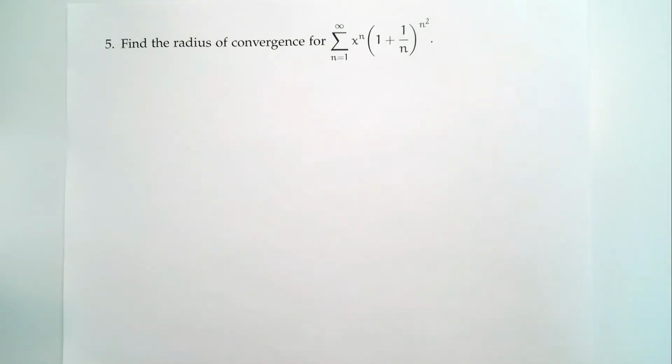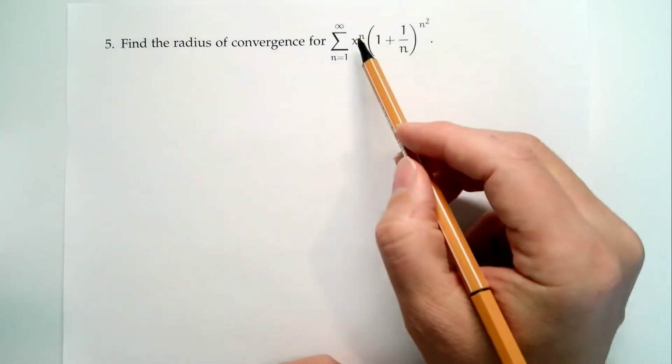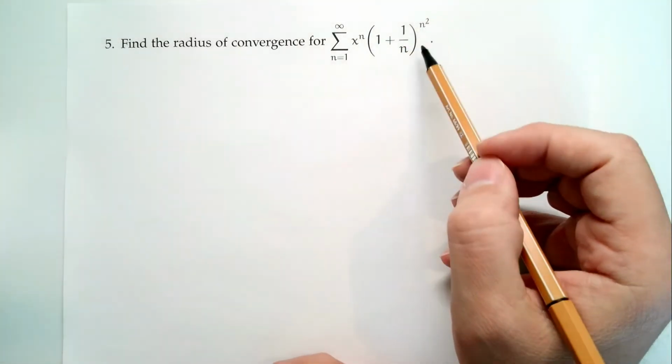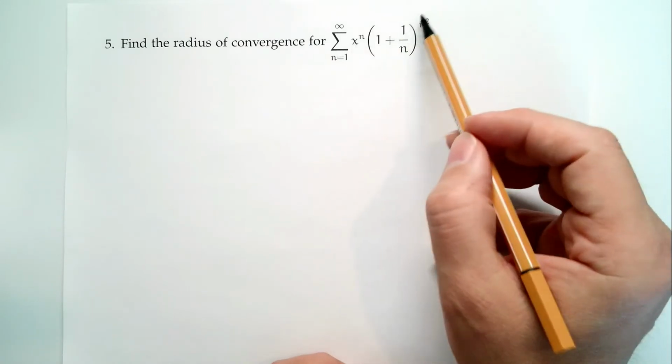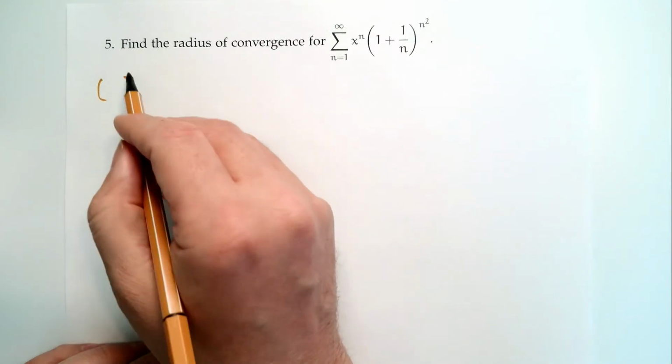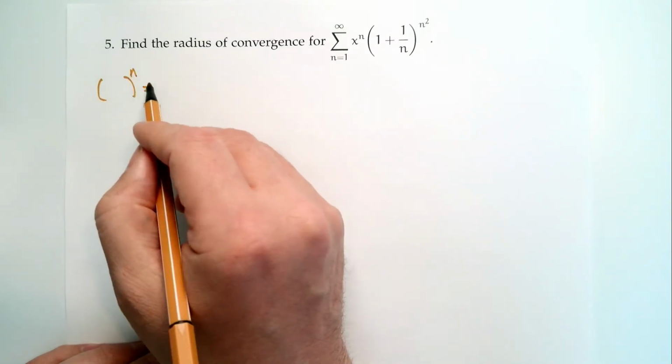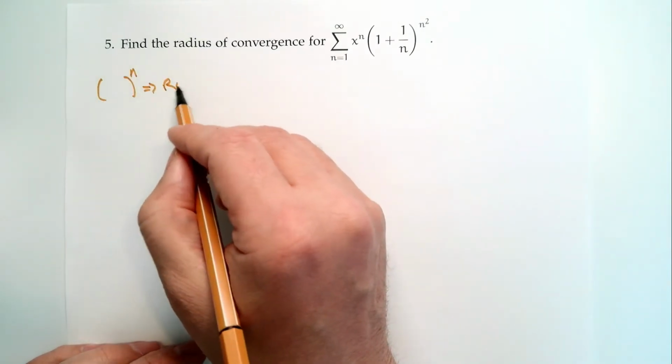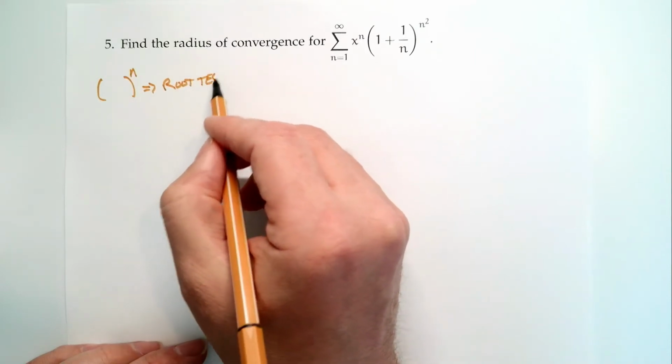The ratio test, if you see a factorial, you have to do it. Otherwise, you have some freedom, but generally speaking, if you see everything involved having exponents involving n, and in this case they both do, stuff to the n tells us we should use the root test. So that's what we're going to do.